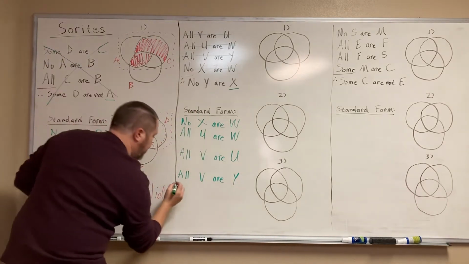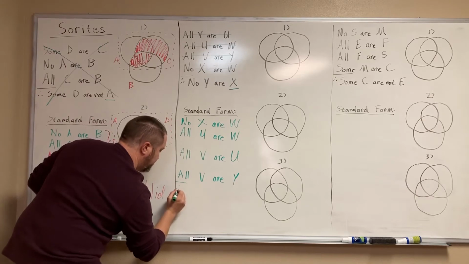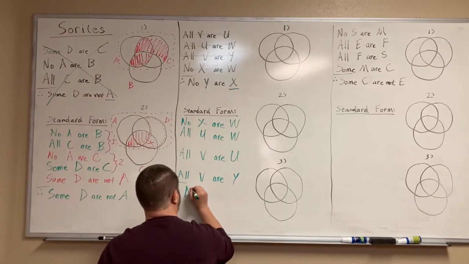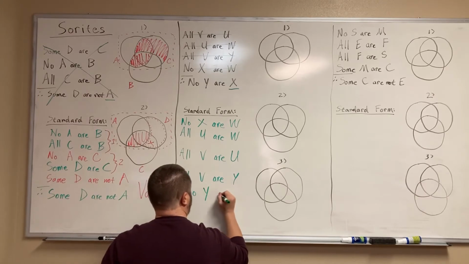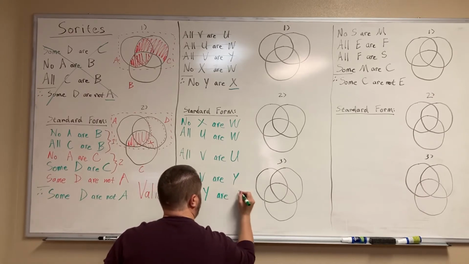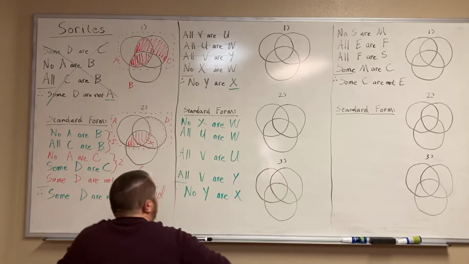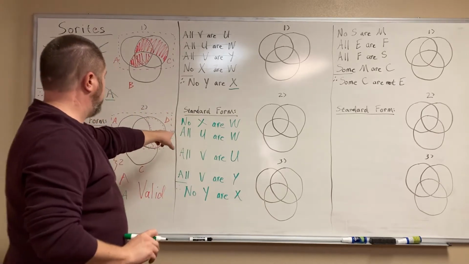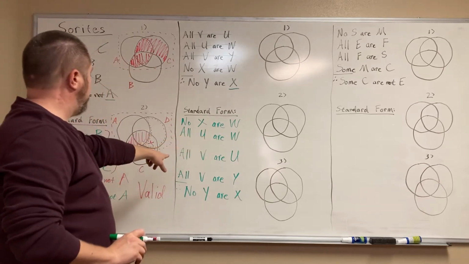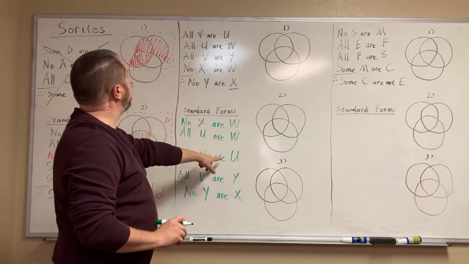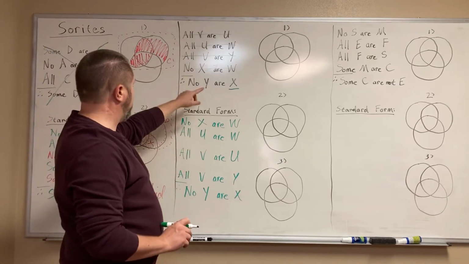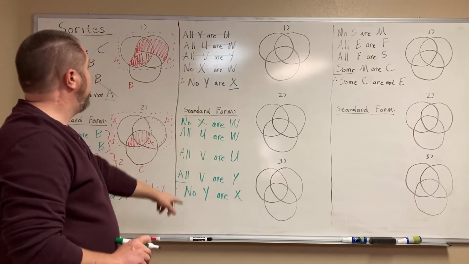And then carry down the conclusion, which is no y are x. Make sure I've got everything: no x are w, all u are y, all v are u, yep, up there, all v are y, no y are x.